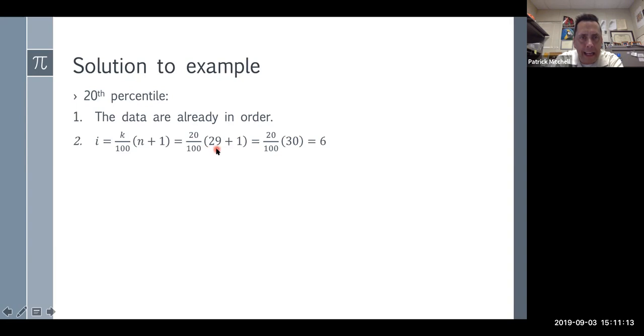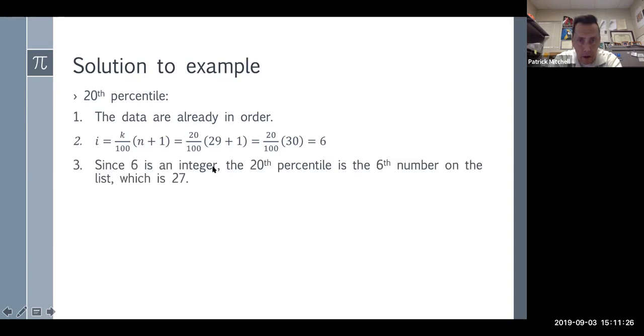There were 29 values. So we're doing 20 over 100 times 30, and that comes out to exactly 6. And since that is an integer, that means the 20th percentile is just the 6th number on the list, which if you look back at the last slide was 27.